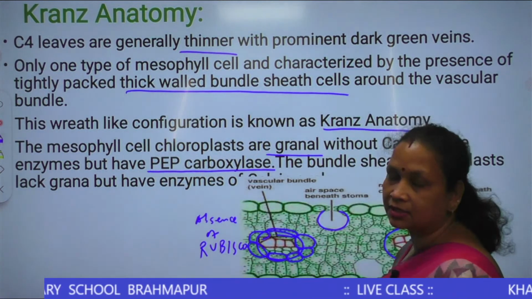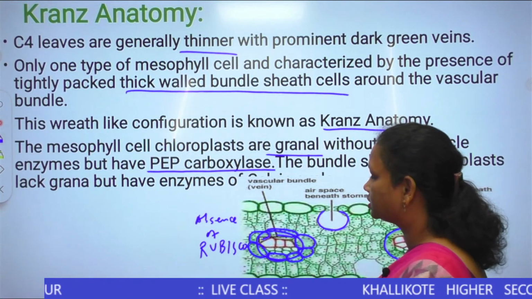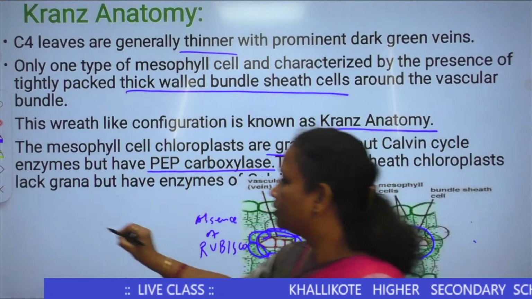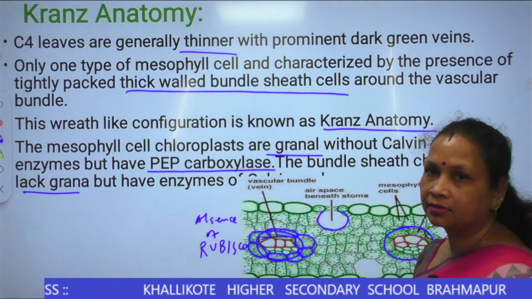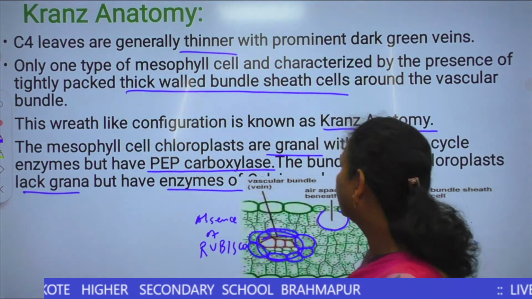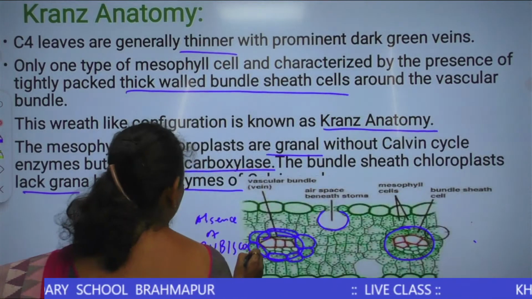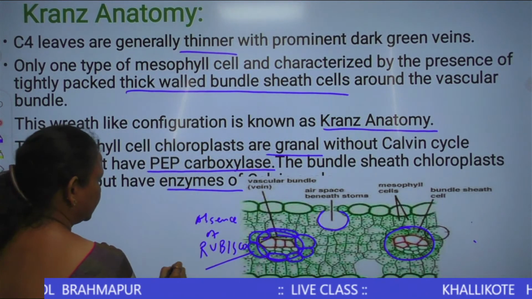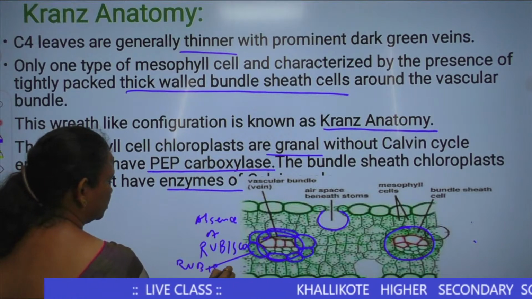What is the characteristic of the bundle sheath cell? The bundle sheath chloroplast will not have any grana. So, they will lack grana, but what they have is enzymes of the C3 cycle. In this case you find that there is Rubisco enzyme.